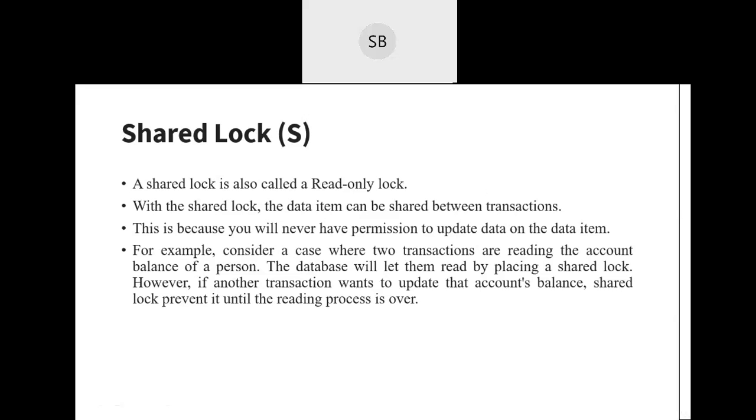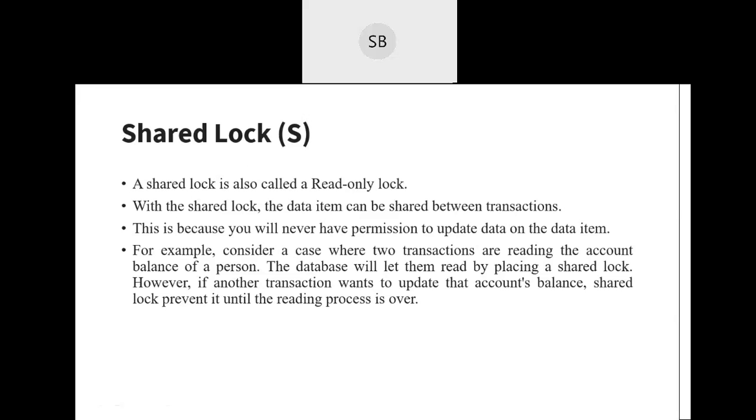Just now I gave you an example of the flight ticket. If you want to book a flight ticket from the IRCTC website, it may be possible that you and I are checking the seats available for tomorrow's flight at the same time. So they are giving us a shared lock. But two persons cannot make changes at the same time.